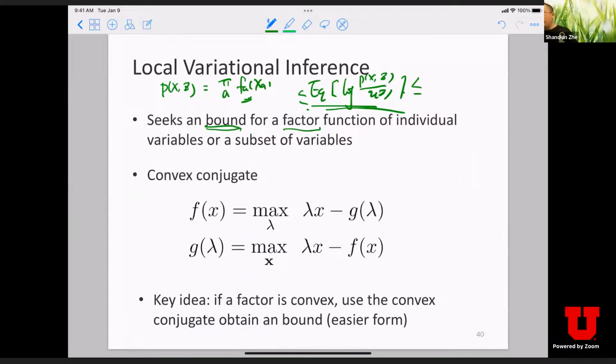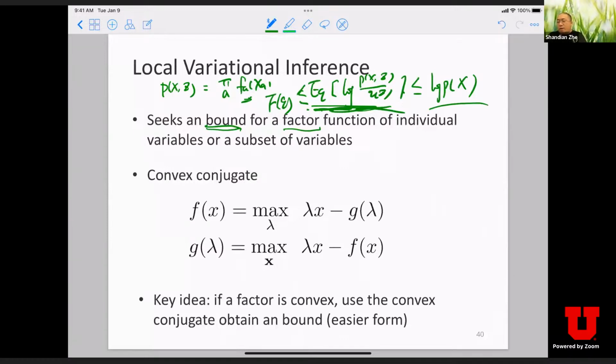So the original evidence lower bound is a lower bound of the log marginal evidence, and through local variational inference, we construct a further lower bound, which is bounded by the evidence lower bound, and so also by the log of the marginal evidence.